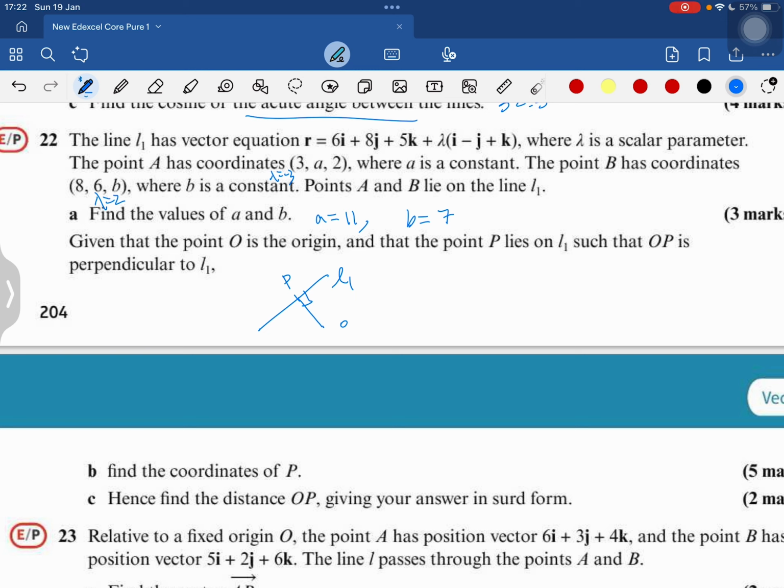So OP is 6 plus lambda. Let me just make it like a direction vector dot OP. 6 plus lambda, 8 minus lambda, 5 plus lambda dot direction vector 1, minus 1, 1 should be 0 because it's perpendicular. 6 plus lambda minus 8 plus lambda plus 5 plus lambda becomes 0. 3 lambda, 3.